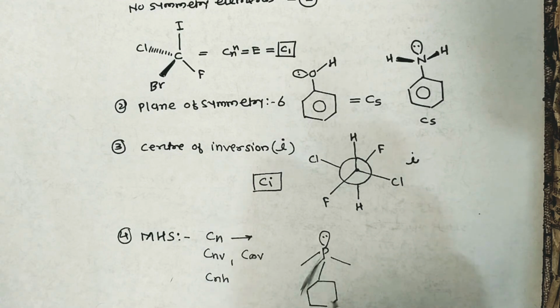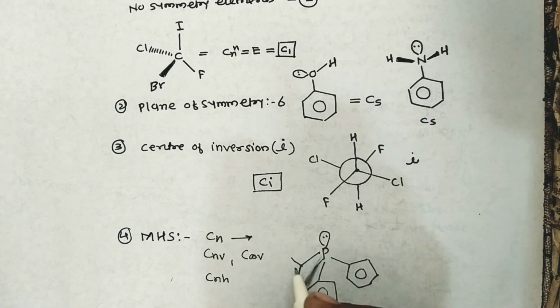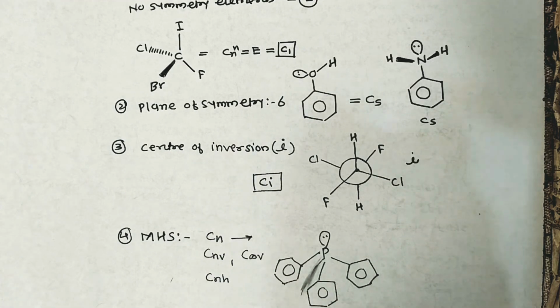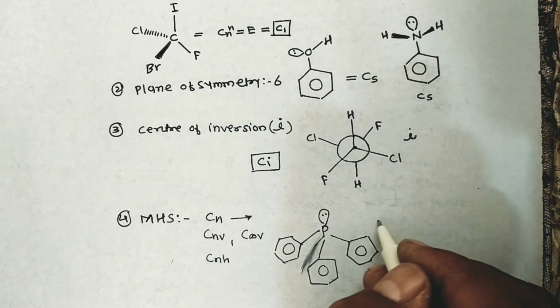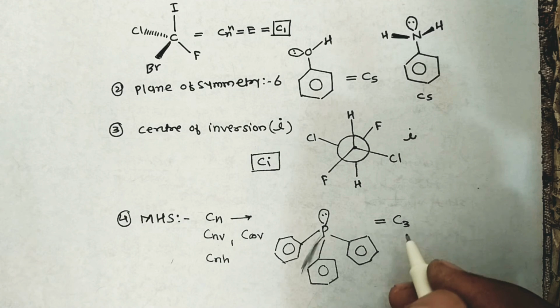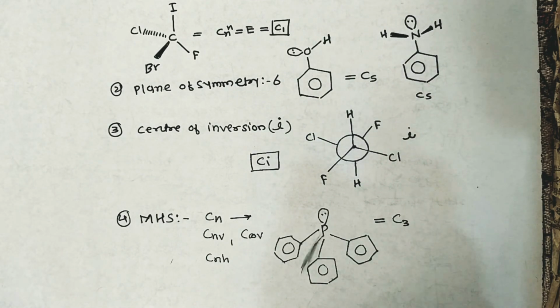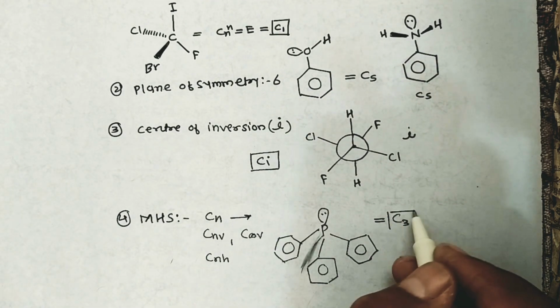It contains only an axis of symmetry, and it is a C3 axis. So the point group is C3 only.